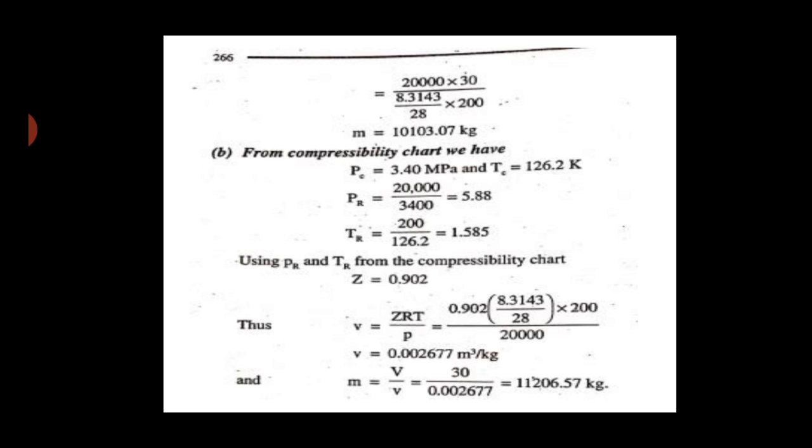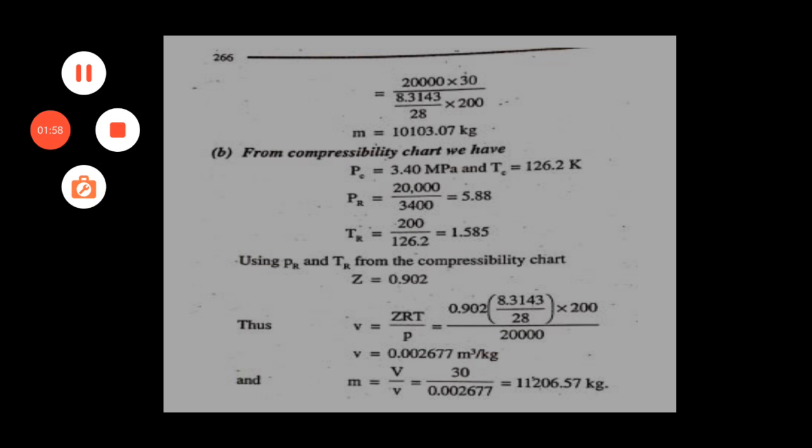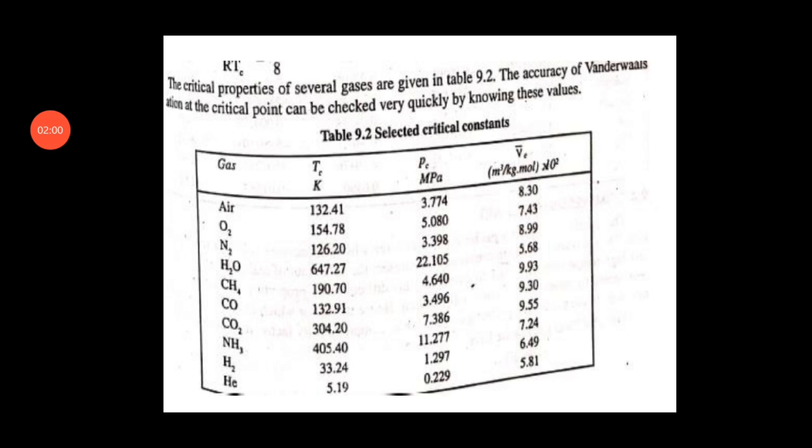Now we have to use the compressibility chart. Okay. Now for the compressibility chart, if you look at this table for critical pressure and critical temperature, and look at the third row, nitrogen N2, what is given here.